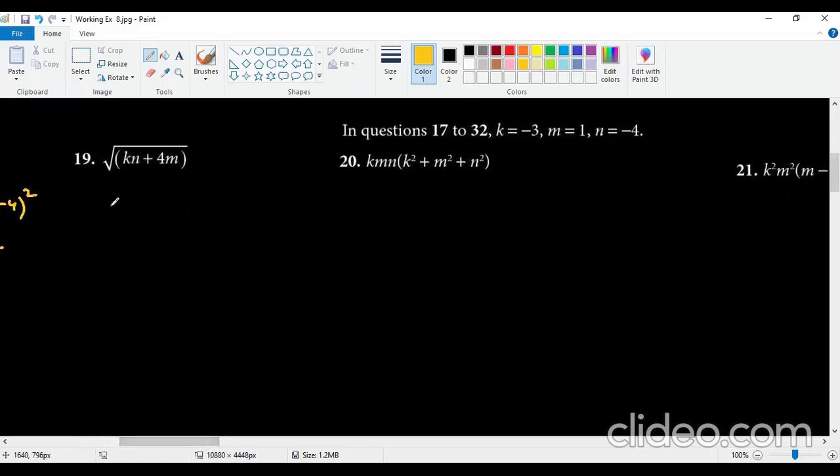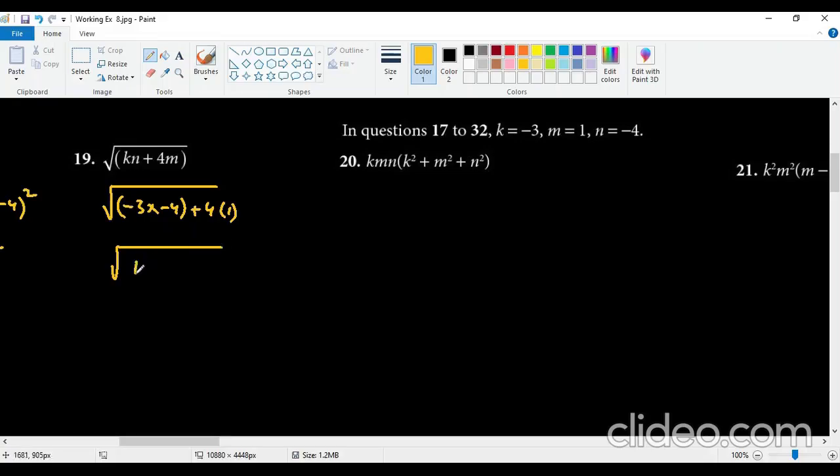Moving on to question number 19. It says under root, the value of k, which is negative 3, multiplied by the value of n, which is negative 4, and then plus 4 times the value of m, which is 1.